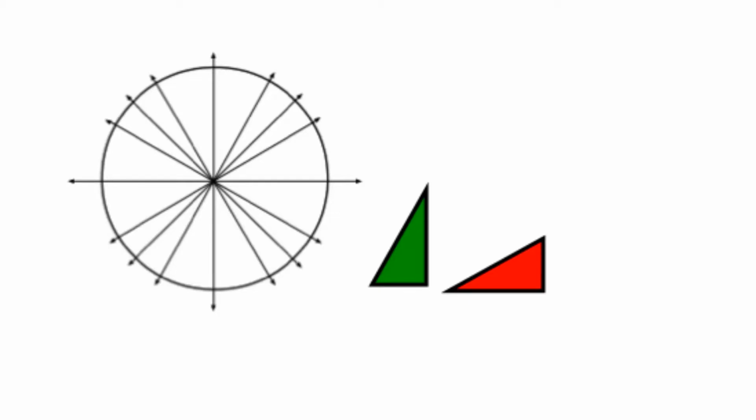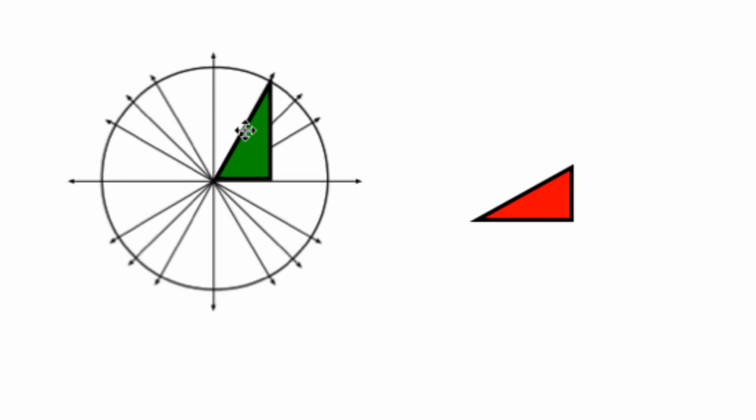Okay, ladies and gentlemen, we are back in this video with some unit circle tricks. Observe that I have a 30-degree triangle over here, 30, and that makes this 90 degrees, and of course that is 60 over here. And then I also have a triangle representing a 60-degree angle at the unit circle.